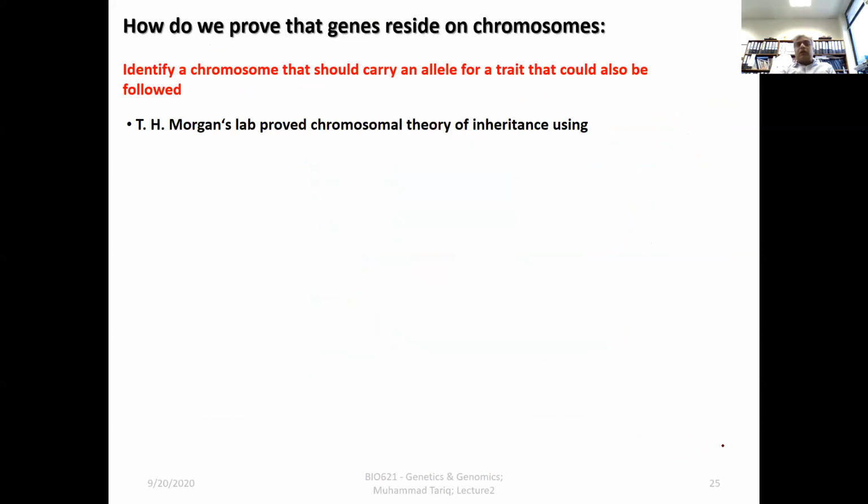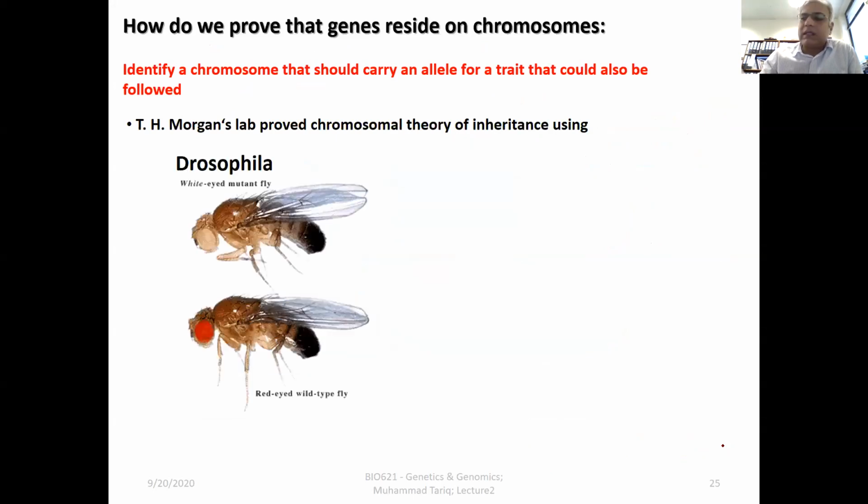Okay, now let's come to a very interesting problem Morgan's lab came across, and they solved it, and it led to the discovery of sex chromosomes. What Morgan's lab found was a very precious fly, which was a white mutant.